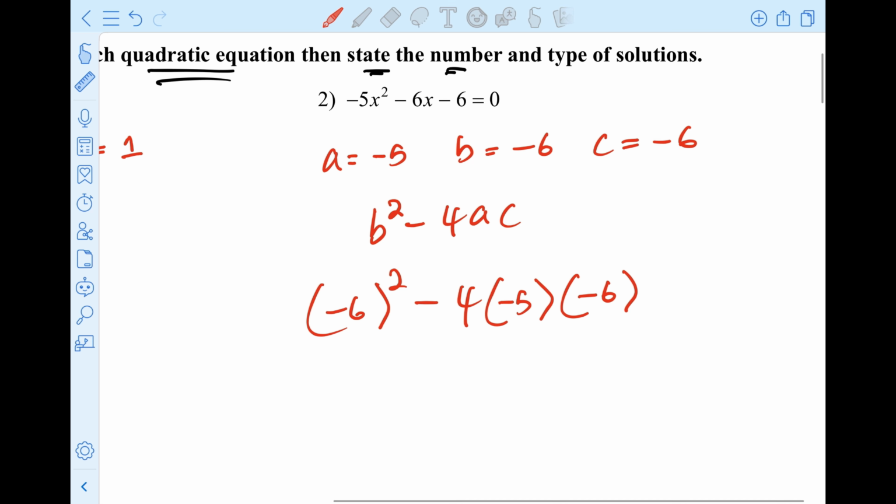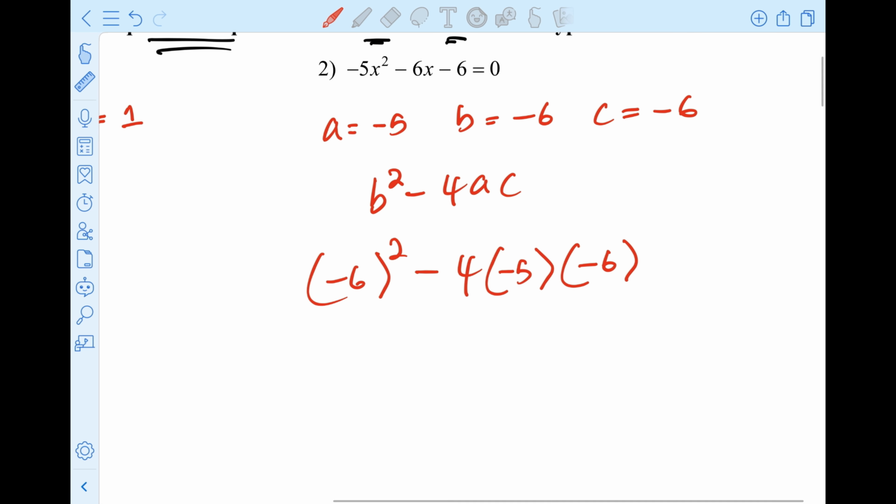Now I put this example in because this is one that can get tricky, where you have to remember some key things algebraically. First, negative 6 squared is positive 36.